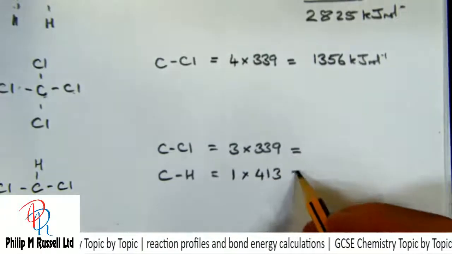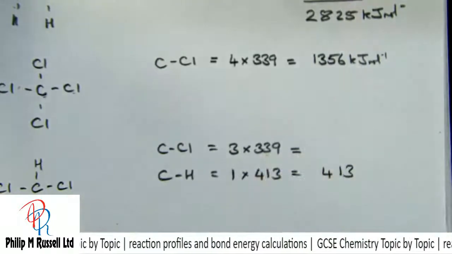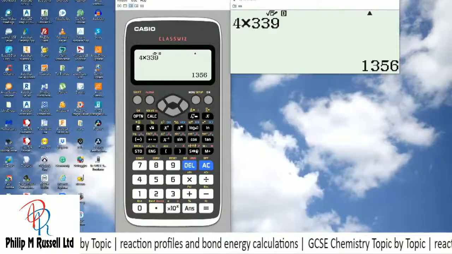So simply we need to work out what 3 times 339 is.